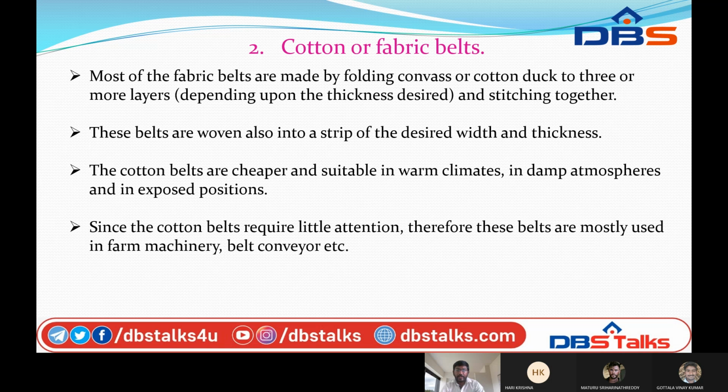These belts are woven also into a strip of the desired width and thickness. The cotton belts are cheaper and suitable in warm climates, in damp atmospheres, and in exposed positions. Since the cotton belts require little attention, these belts are mostly used in farm machinery, belt conveyors, etc.